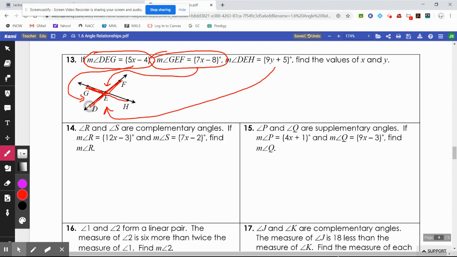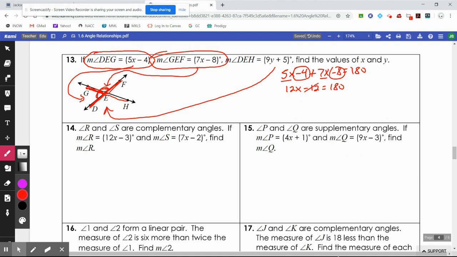And we know that those two angles form a straight line, so they're a linear pair. That means they add up to 180. So I know that my angle 5x minus 4 and 7x minus 8, when I add them together, I'm going to get 180. Combine like terms, 5x and 7x gives me 12x. A negative 4 and a negative 8 is a negative 12.